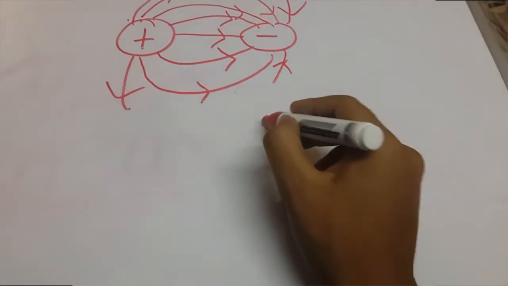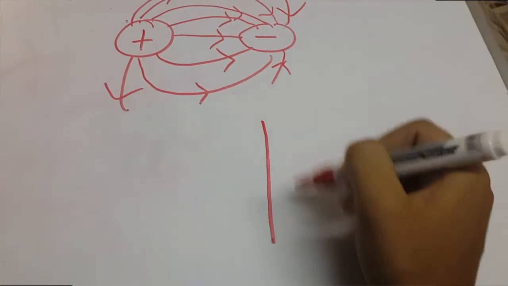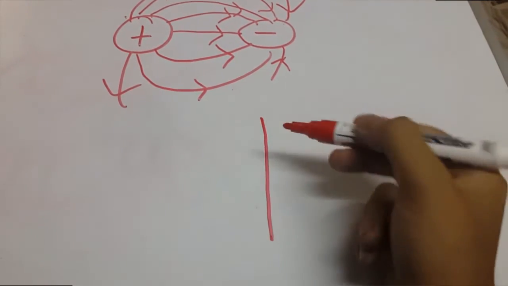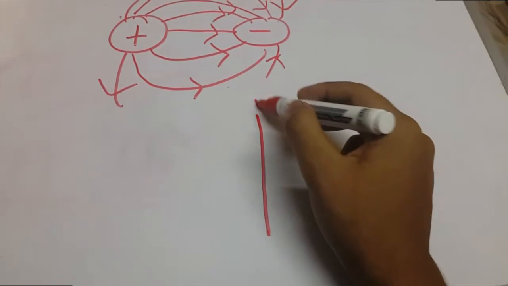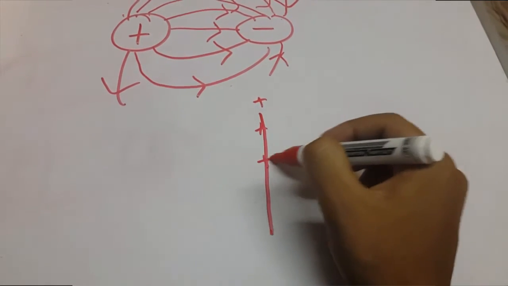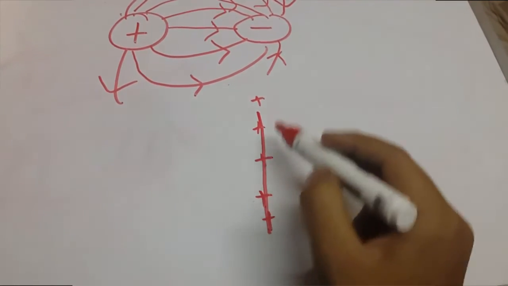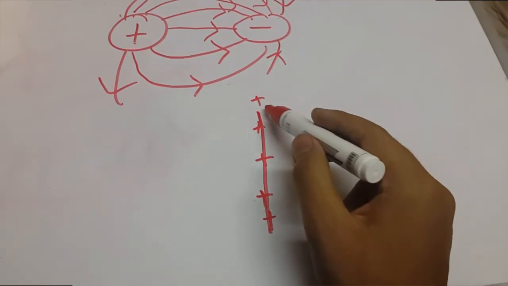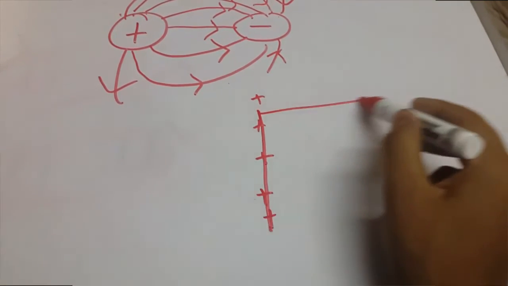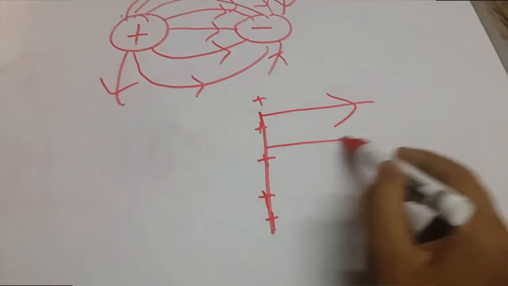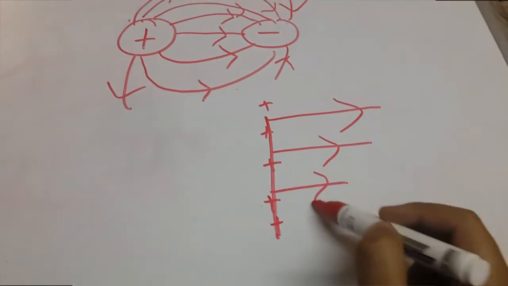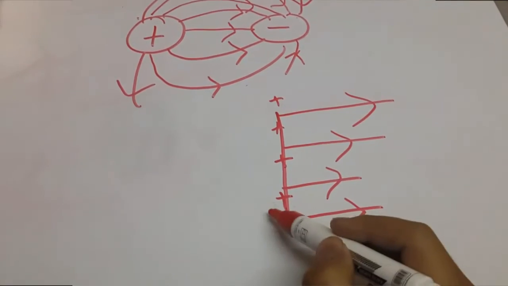Now what if there is a plain conductor? Let's suppose a sheet or rod which is positively charged. This conductor will show electric field lines going away from it, parallel to each other, and will form a uniform electric field around it.